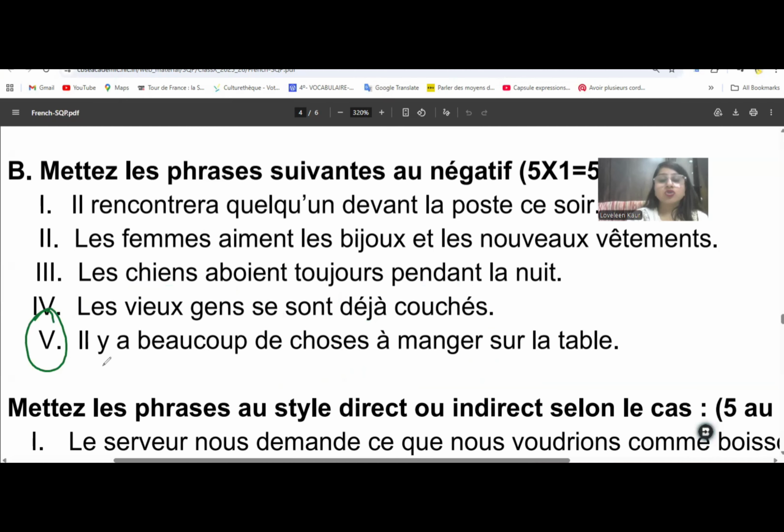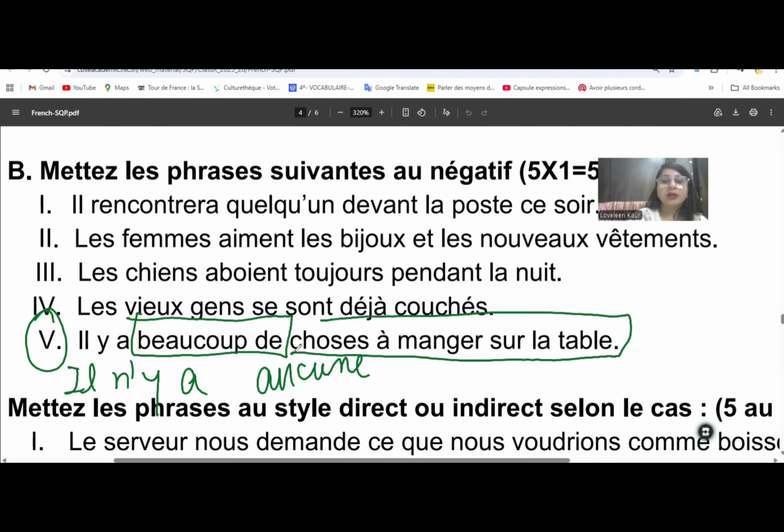"Il y a beaucoup de choses à manger sur la table." Now you see here carefully, it's written "il y a beaucoup de choses". According to the rule, what we just did, whenever there's a quantity, a lot of, then those things we change to aucun or aucune, right? But here, grammatically, if I change to aucune, it's fine. Like if I say "il n'y a aucune chose à manger sur la table."